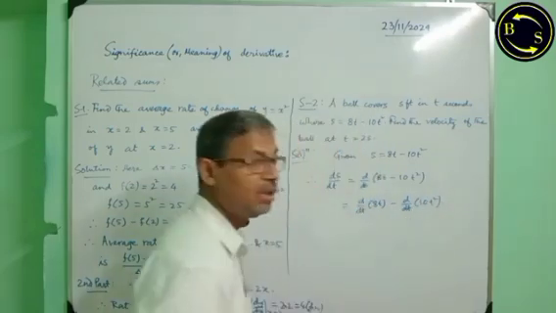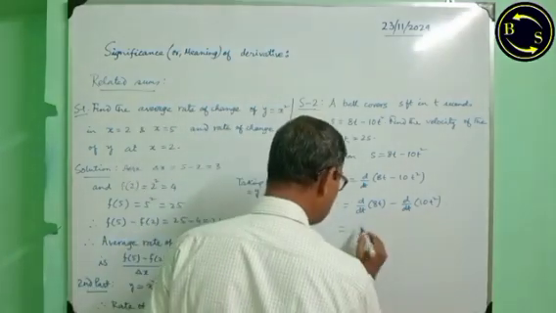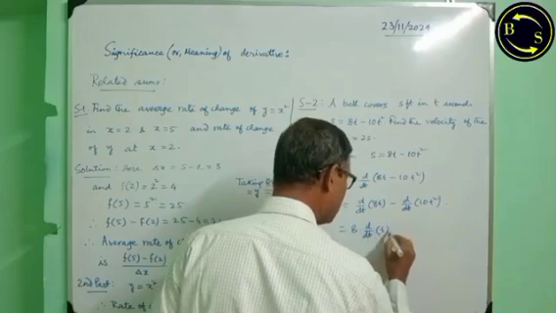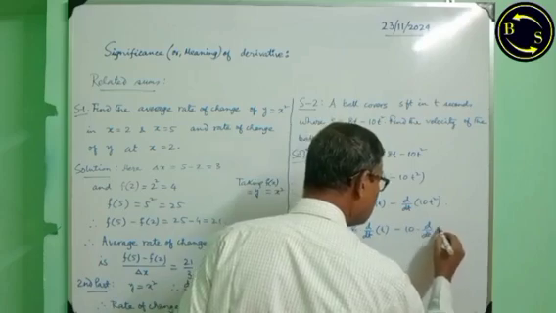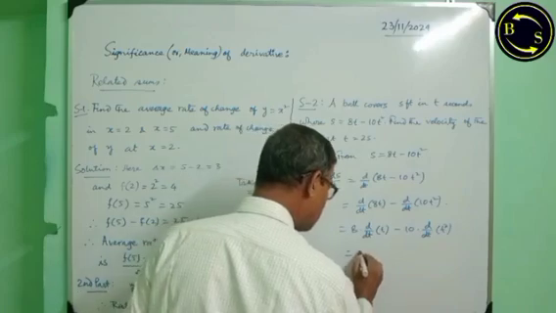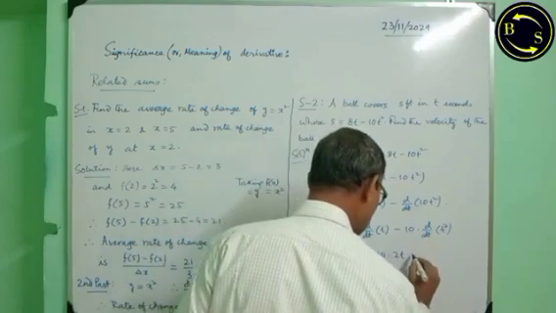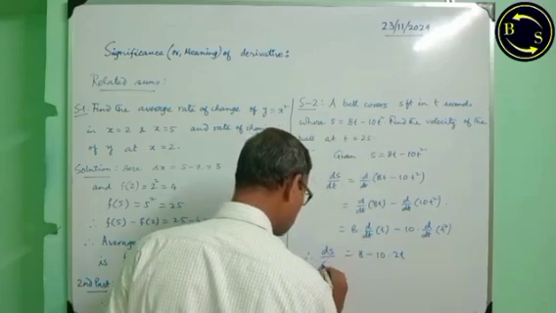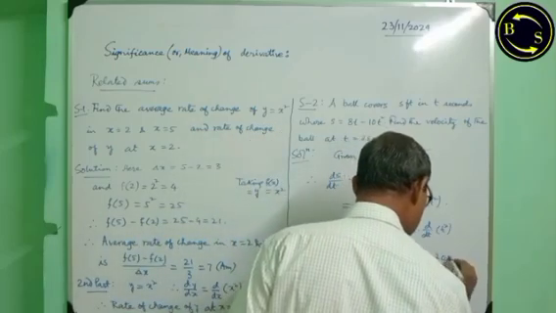We have applied the fundamental theorems of derivative. 80 is constant, its derivative is 0, minus 10 is constant taken outside, d/dt of t square. The derivative of t square is 2t, therefore this is 0 minus 10 into 2t. Finally, minus 20t.